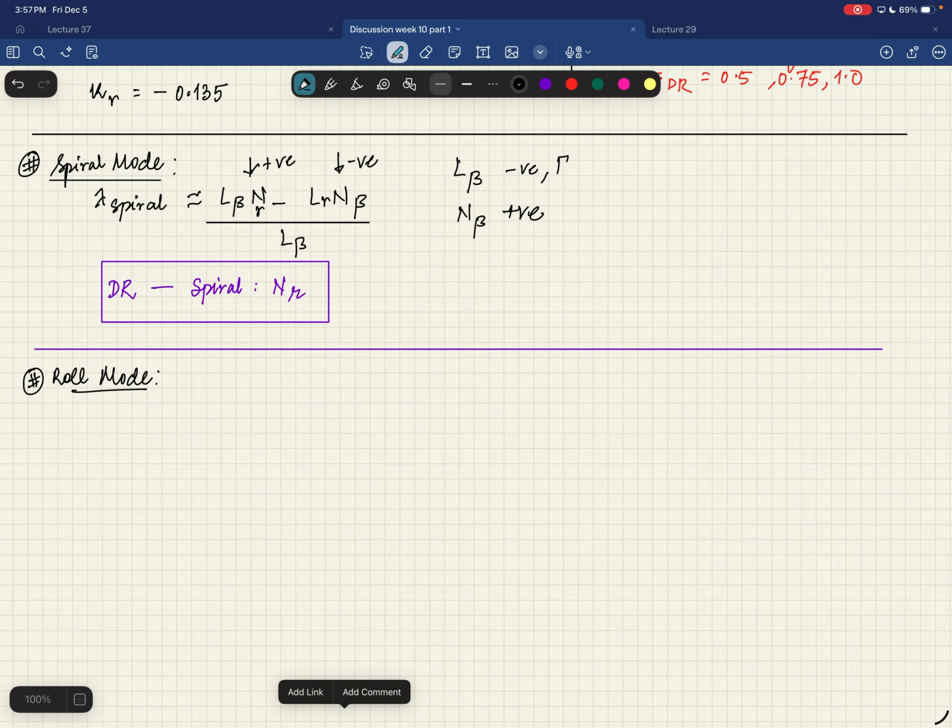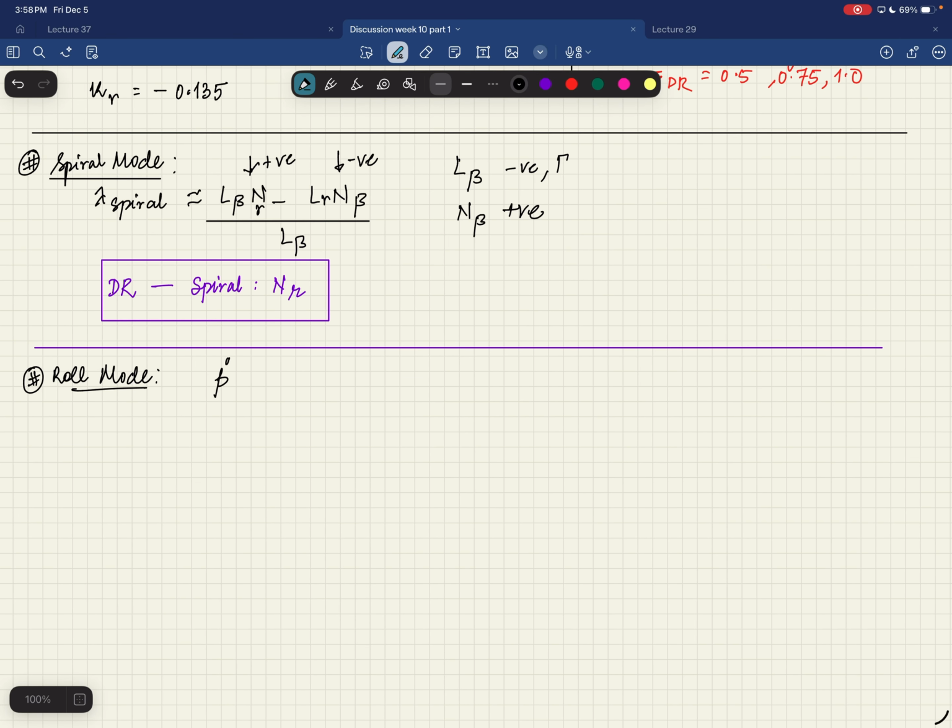You will also see that the eigenvalue is negative and much larger in magnitude than the other eigenvalues for the spiral mode and the Dutch roll mode. Since this is a single eigenvalue system, we only have this equation to worry about: P dot equals L_P P plus L_deltaA deltaA.